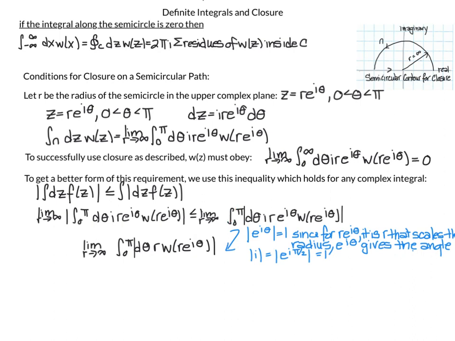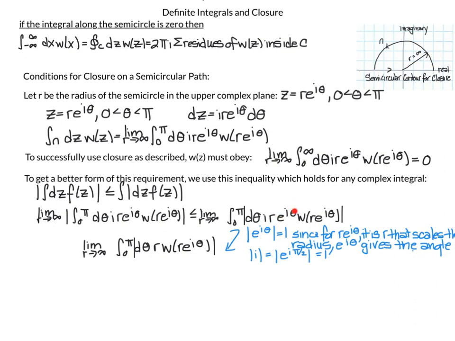The next thing I'm going to look at is my r e to the i theta and my i. Remember, when we have a complex number, r gives us the distance from the origin. That's what scales our vector, our complex number. E to the i theta tells us where it is on the unit circle, how many degrees or radians from the x-axis.